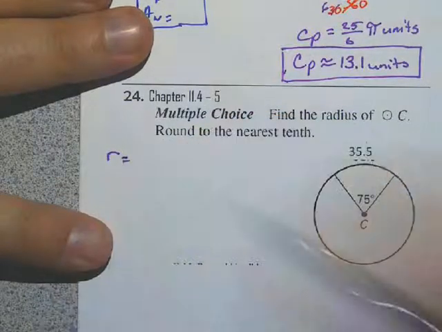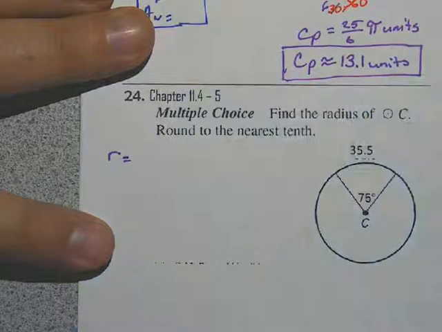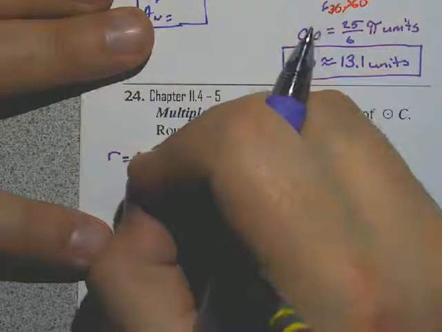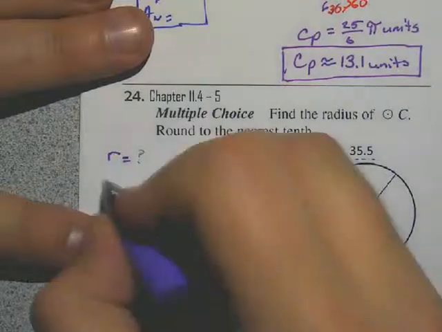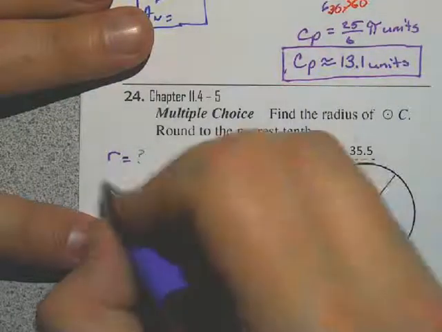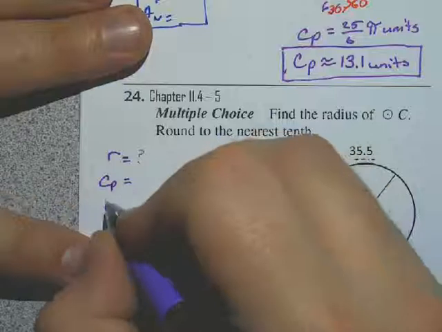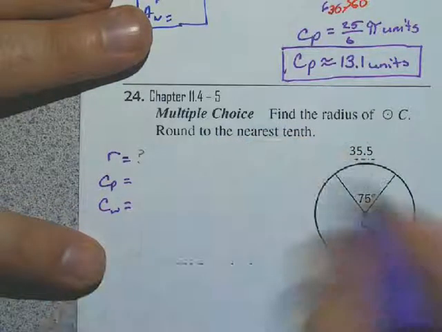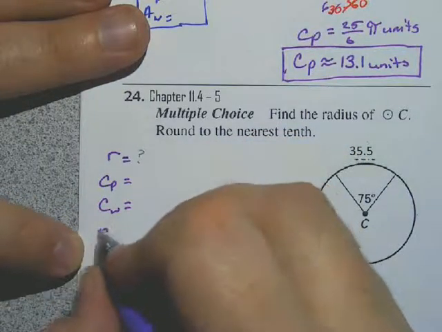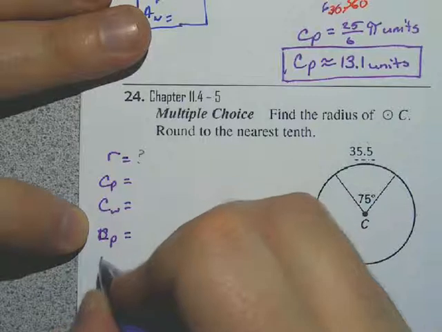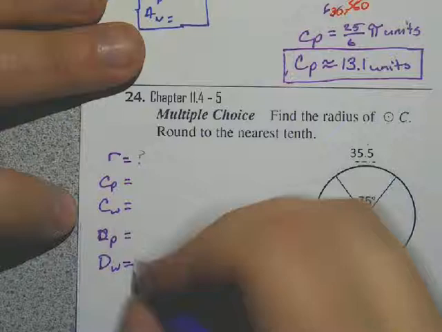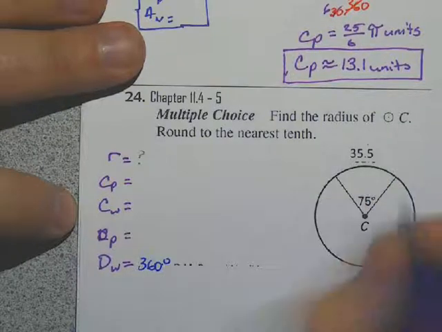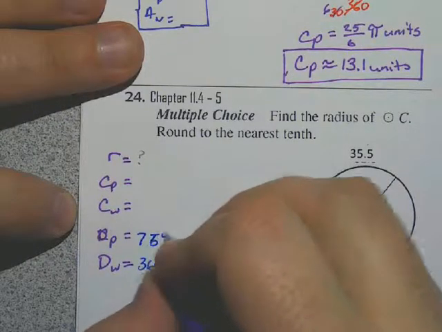I've got R is the unknown. That is the thing I want to find. So I'm going to put in my question mark here. I do know a partial circumference, and therefore I'm going to probably need the whole circumference as well. And I know a partial degree, and I'm going to probably want the whole degrees. Those are pretty easy to come by. 360 is the whole degrees. The partial degrees is 75 degrees.